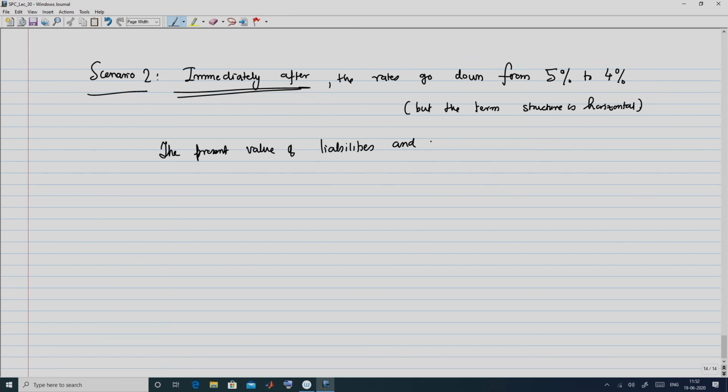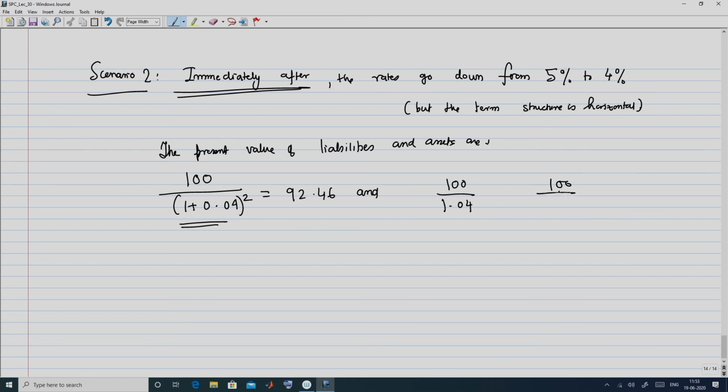In this case also, the present values of liabilities and assets are the following. Your liability again, you recall, was 100, and its present value is going to be 100 divided by 1 plus 0.04 squared, where the interest rate is 4%, and this is going to be 92.46. And 100 divided by 1.04 is going to be the present value pertaining to the first bond, and 100 divided by 1.04 raised to 4 is going to be the present value of the second bond.